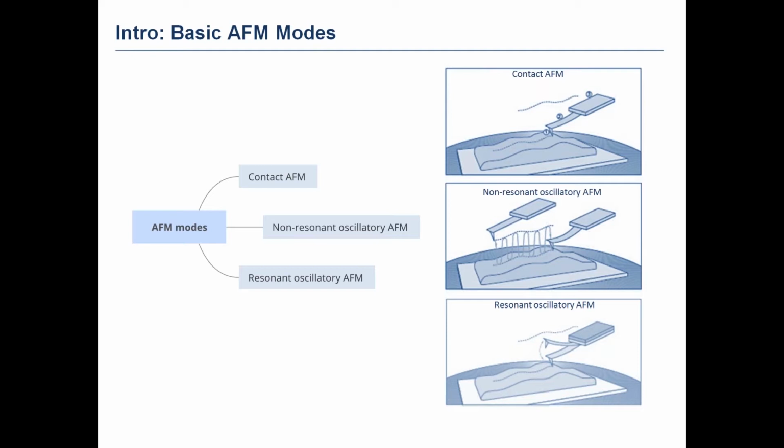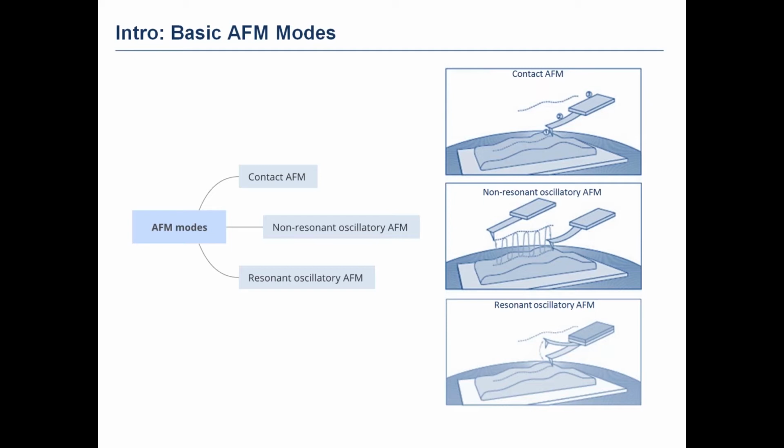That is the mode where the cantilever oscillates at or near its resonant frequency, and the feedback system maintains the value of the amplitude of the cantilever oscillations by moving the sample up and down, and this signal is then recognized as the topography of the sample.